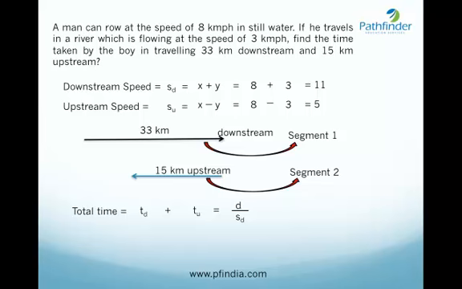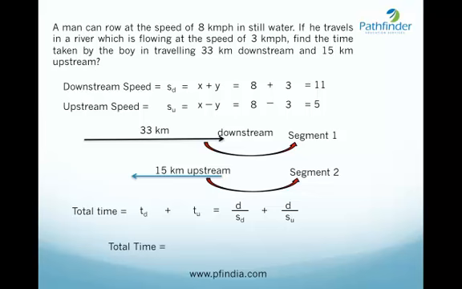So this must be equal to d by SD, which is the distance divided by the speed of downstream, plus d upon SU, which is the time taken by the man in traveling upstream.